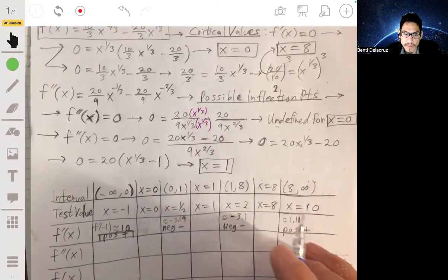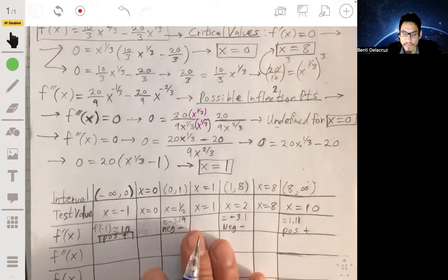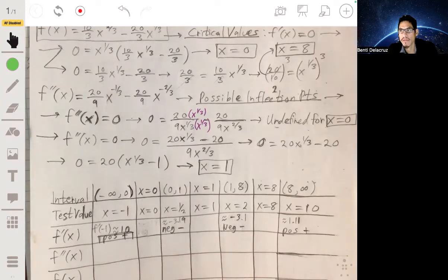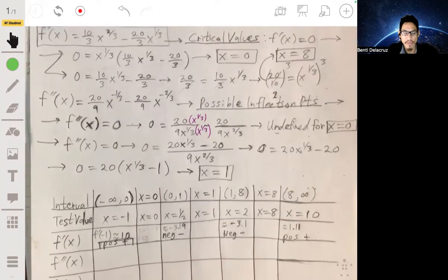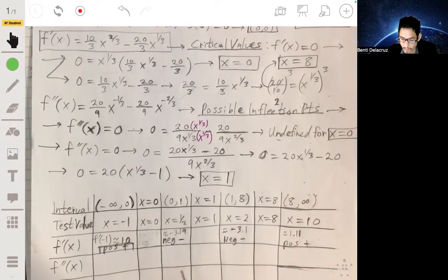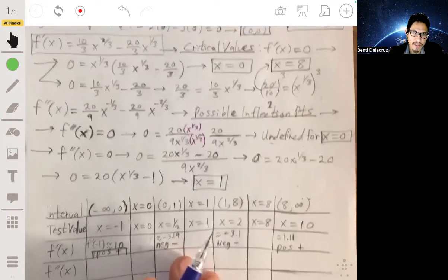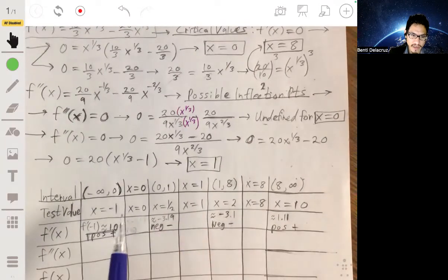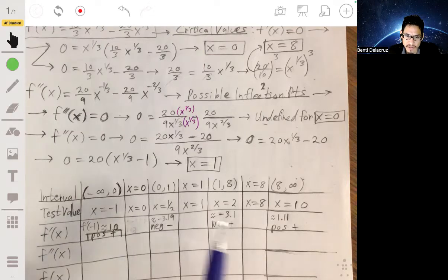Just be careful that you don't make a little careless error. But use your calculator if you're confident in your work, and usually pick numbers that are easy to work with. I probably could have picked different numbers. It probably would have been easier to pick like -10 or -1,000 and 1,000.